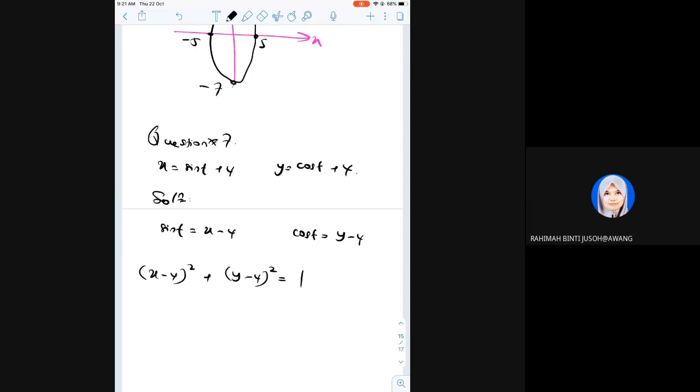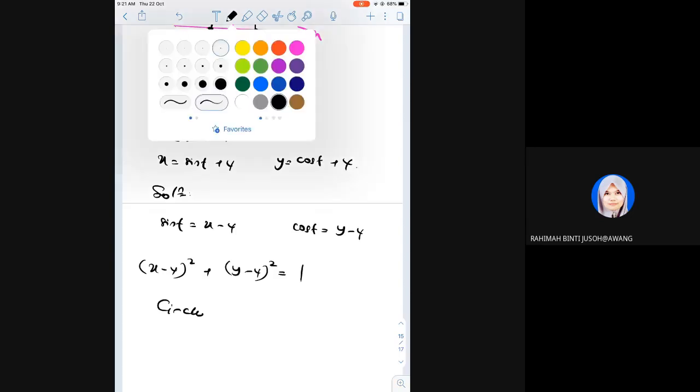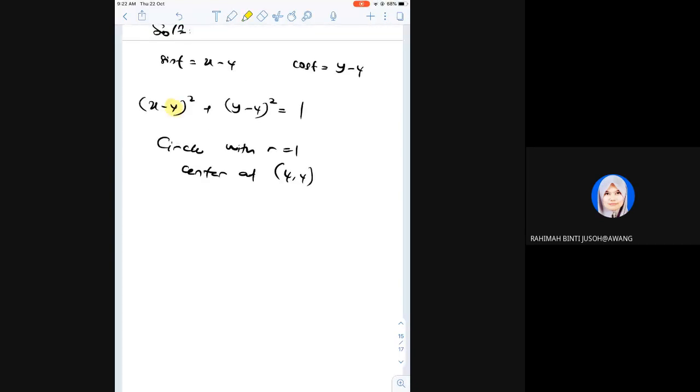Okay, so now this is a circle, because the coefficients are all 1 and the same, with radius r equals 1 and center at (4, 4). This is the coordinate of the center. Understand?